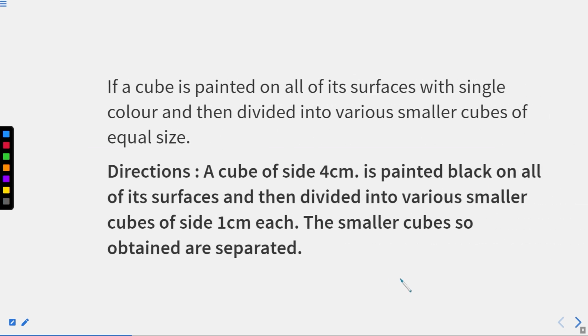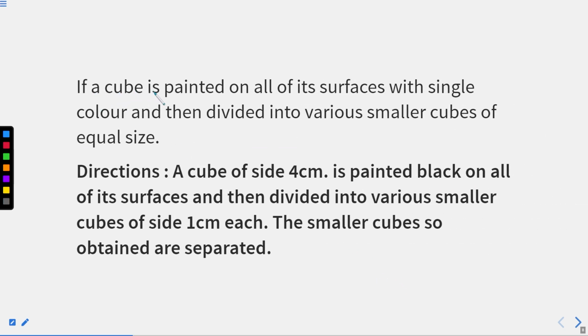Type 1 says that if a cube is painted on all of its surface, or we can say on the walls, with a single color, so the color is the same for all 6 faces, and then it is divided into various smaller cubes of equal size. Now we don't know the size of the smaller cube.